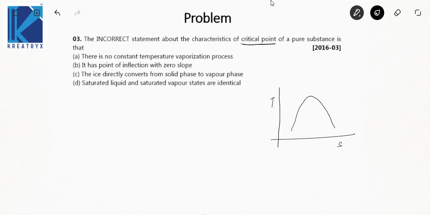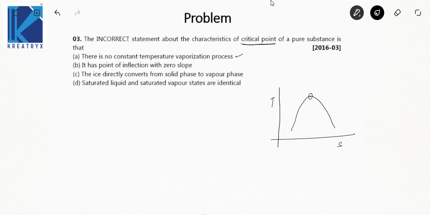So at this point, there is no constant temperature vaporization process. Yes, it is correct because the liquid directly flashes into vapor. Okay, so this is correct.